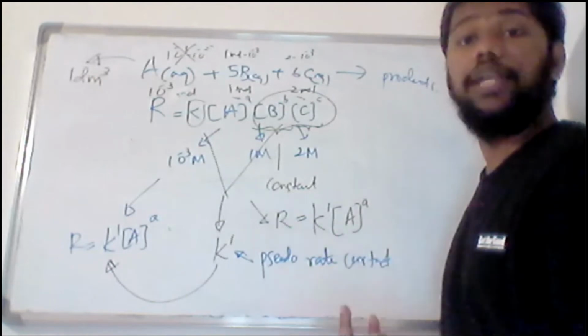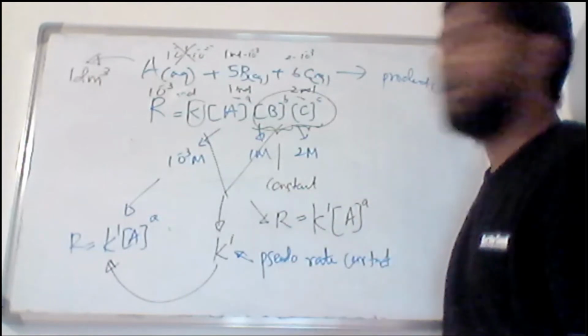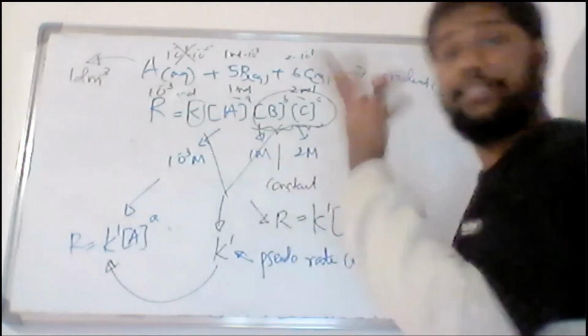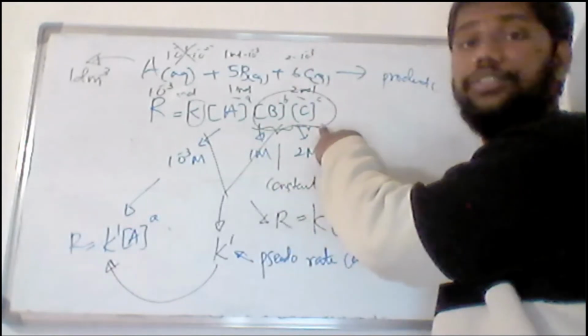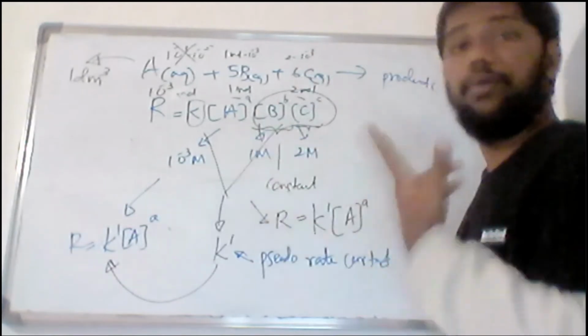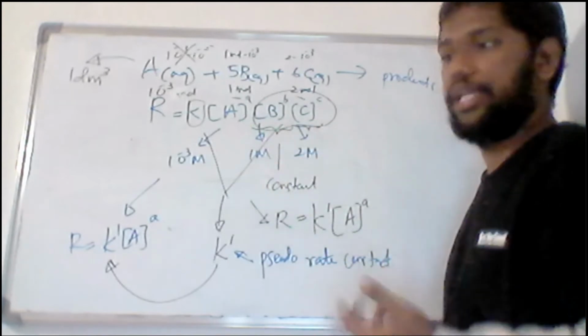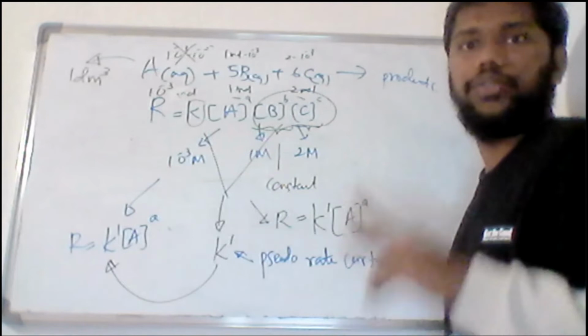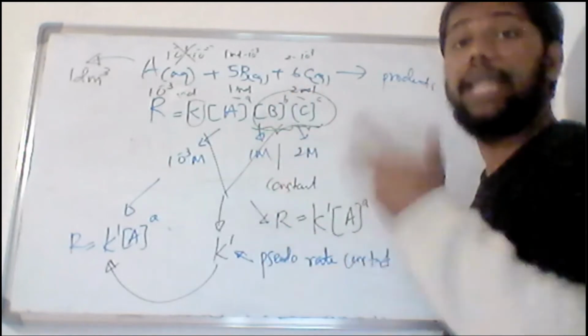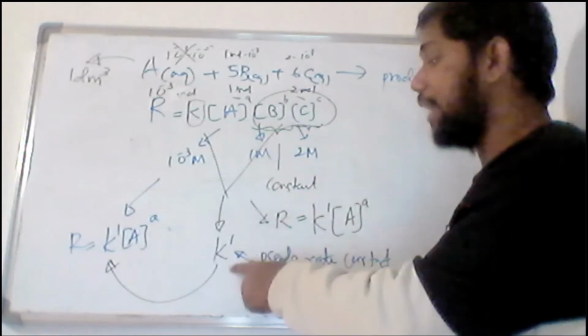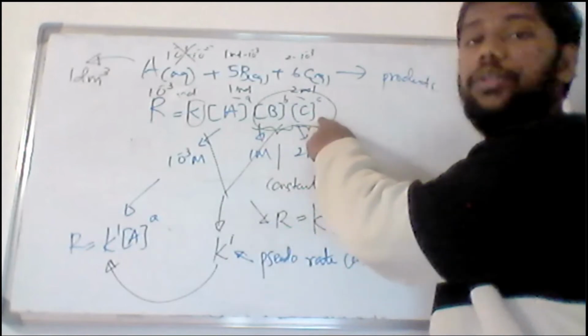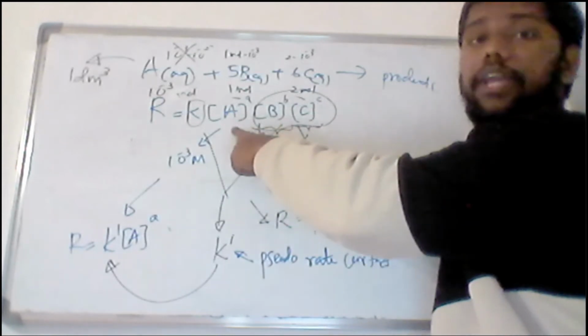So how do you find b then? If you want to find b, you can keep C and A in excess. For example, concentration of C 2 M, concentration of A 1 M, and concentration of B 10 to the power 3 in one case or 10 to the power minus 4 in another case. With two experiments, you can find b, because at that time your K dash will be K times the concentration of C to the power c and the concentration of A to the power a.